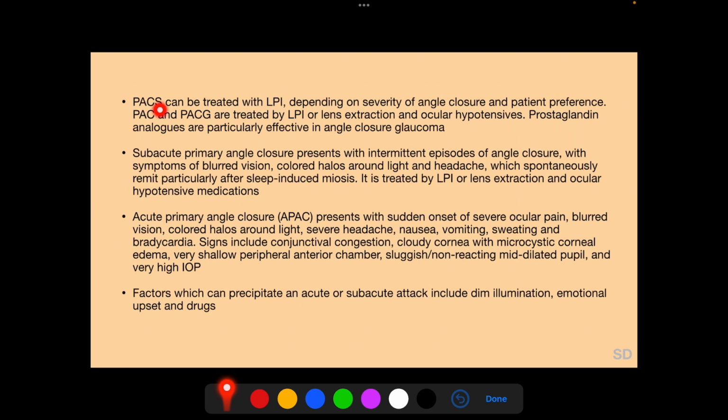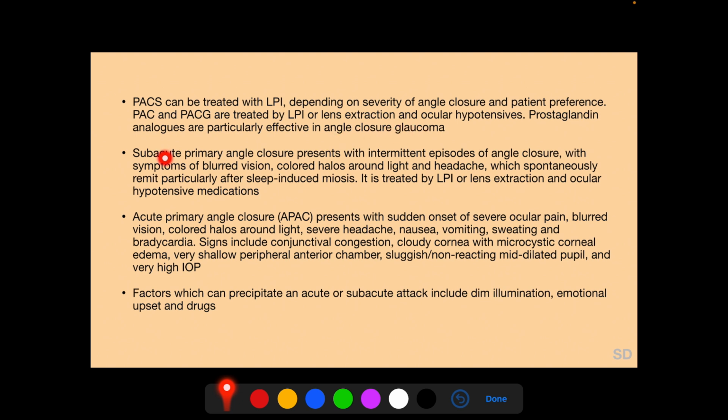Primary angle closure suspect patients can be treated with LPI depending on the severity of angle closure and patient's preference. PAC and PACG should be treated by LPI or lens extraction and ocular hypotensive medications as required. Prostaglandin analogs are particularly effective in angle closure glaucoma.